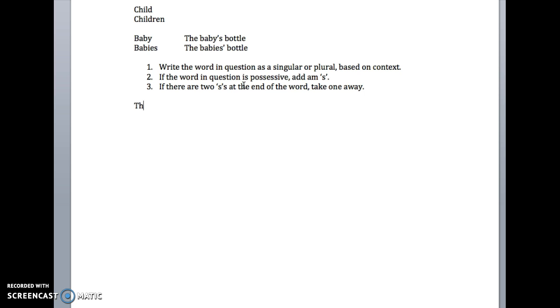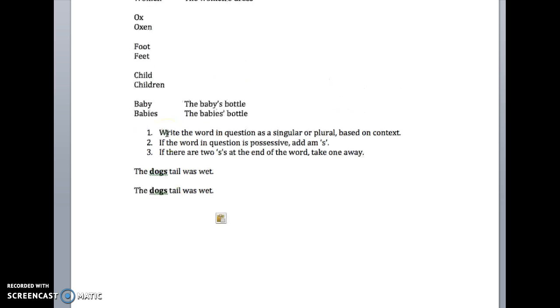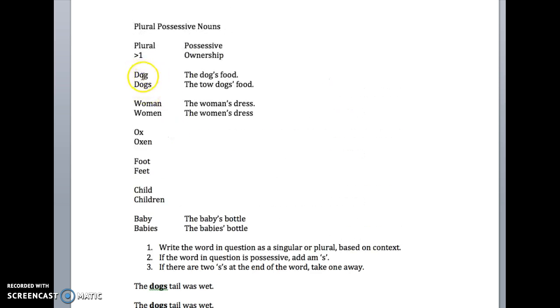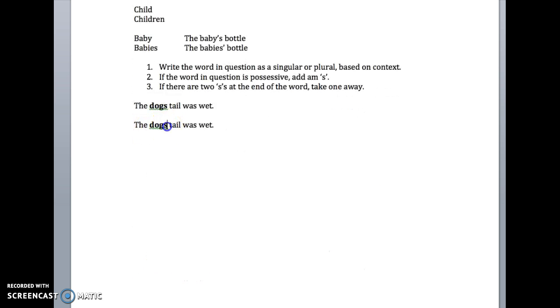Let's see, the dog's tail was wet. Okay, so the word in question is this guy. How do we conjugate that? So, step 1, write the word in question as a singular or plural based on context. Well, how many dogs are we talking about? 1. And the singular for dogs is just dog. So let's write dog.